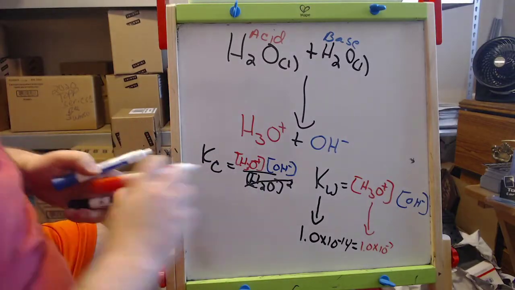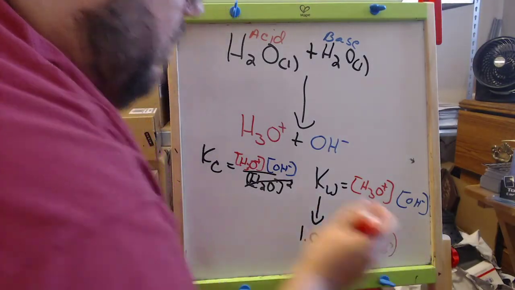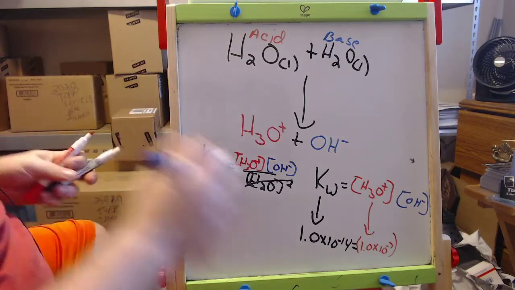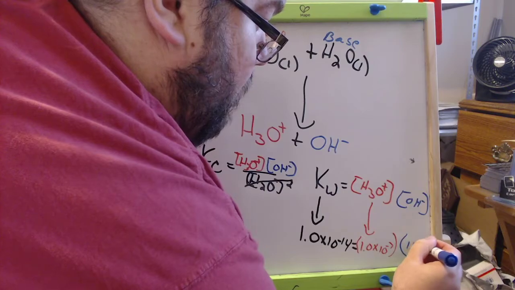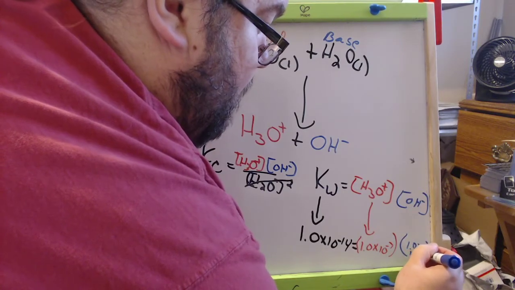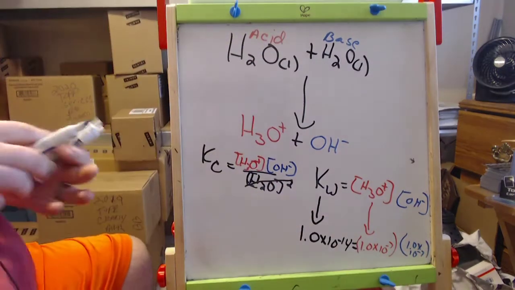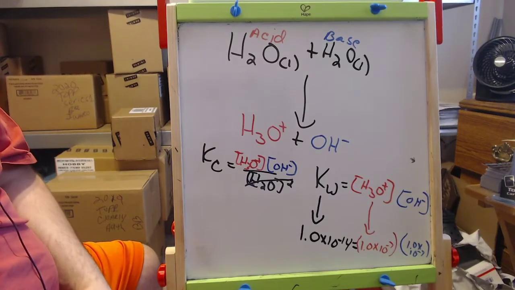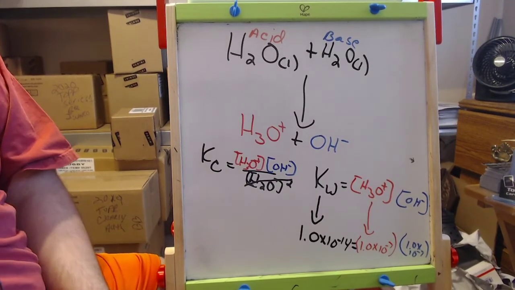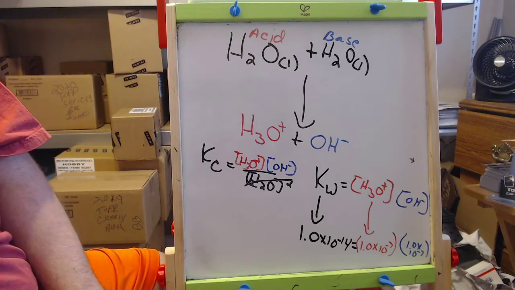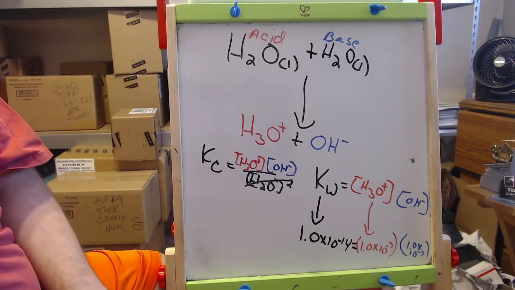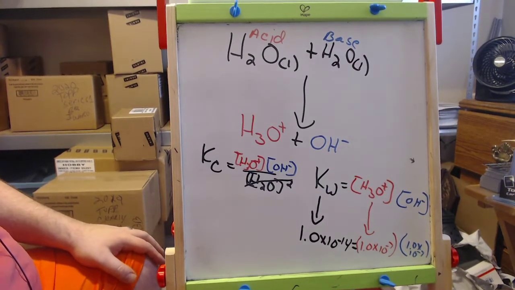And the concentration of OH minus then, if we do the math, has to also be 1.0 times 10 to the negative 7th. Now again, this is temperature dependent. This is at room temperature, but that is our Kw value.